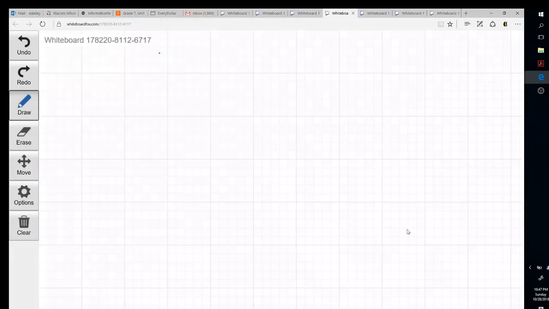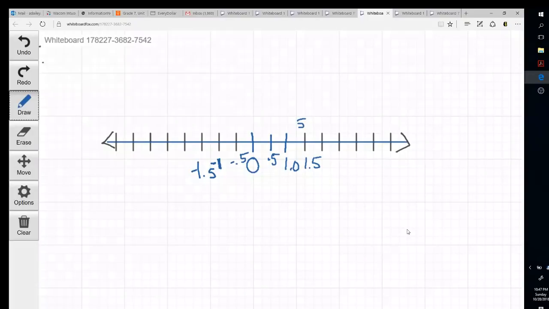Let me go back to that number line where you can see it. So you're going to model positive 1 plus negative 0.5 using arrows. Okay, so there's decimals. What about fractions?